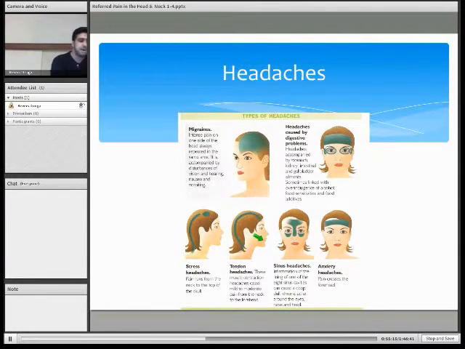A little bit about headaches. It's less scientific, but the headachy type pain that people complain of when they're ill can be categorised and localised, so certain areas will give you a headache in a specific place.